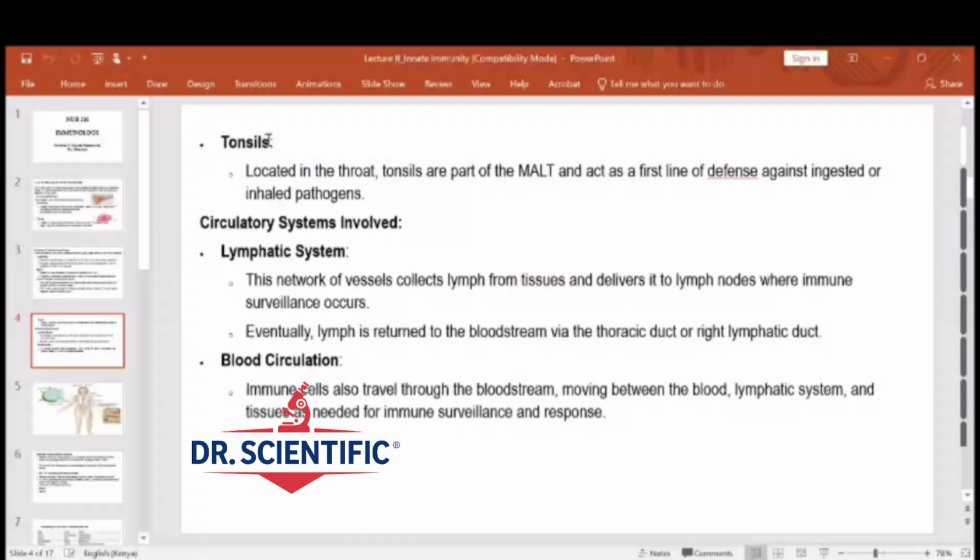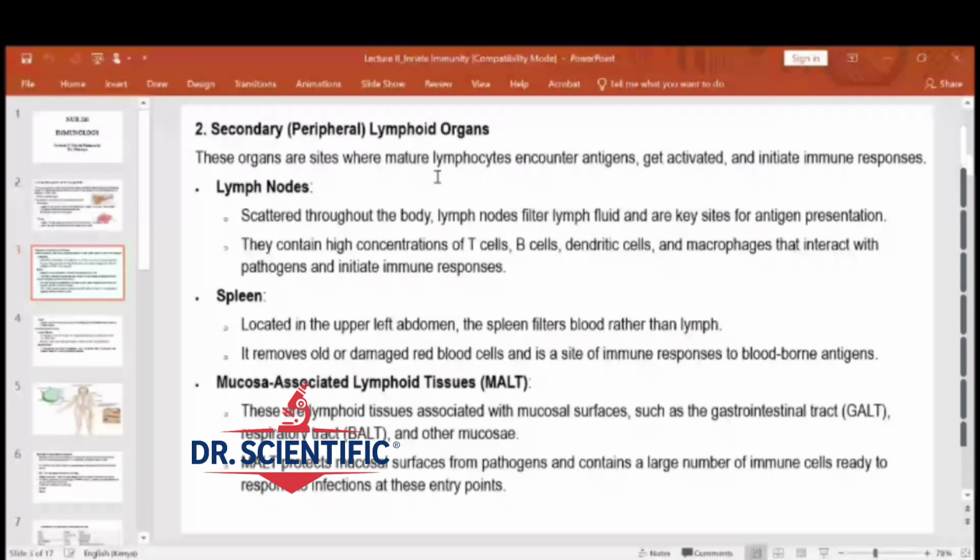So technically, some of these organs play a key role in innate immune response, and some of them play a key role in adaptive immune response. Like we've seen, lymph nodes would specifically lean towards the adaptive, as well as the spleen.